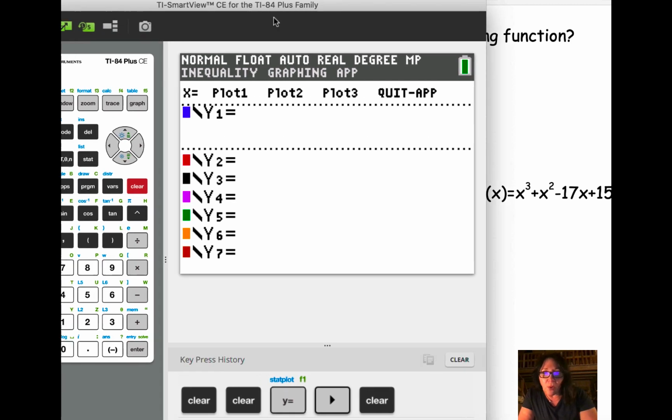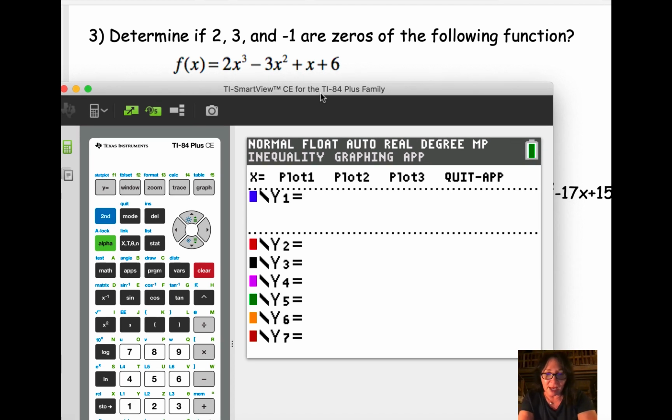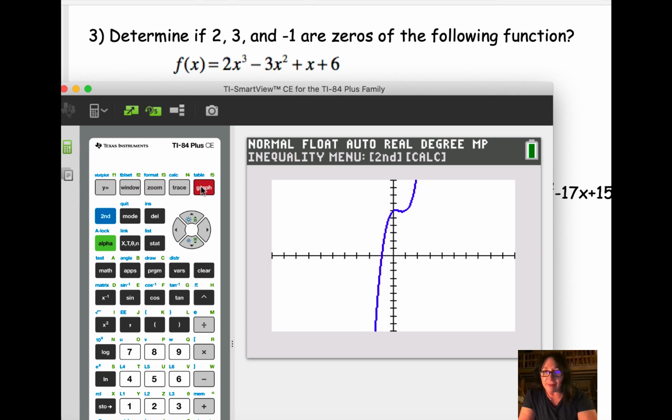If I said y equals 2x to the third power minus 3x to the second power plus x plus 6, and we're going to graph. Okay, so there's my graph.